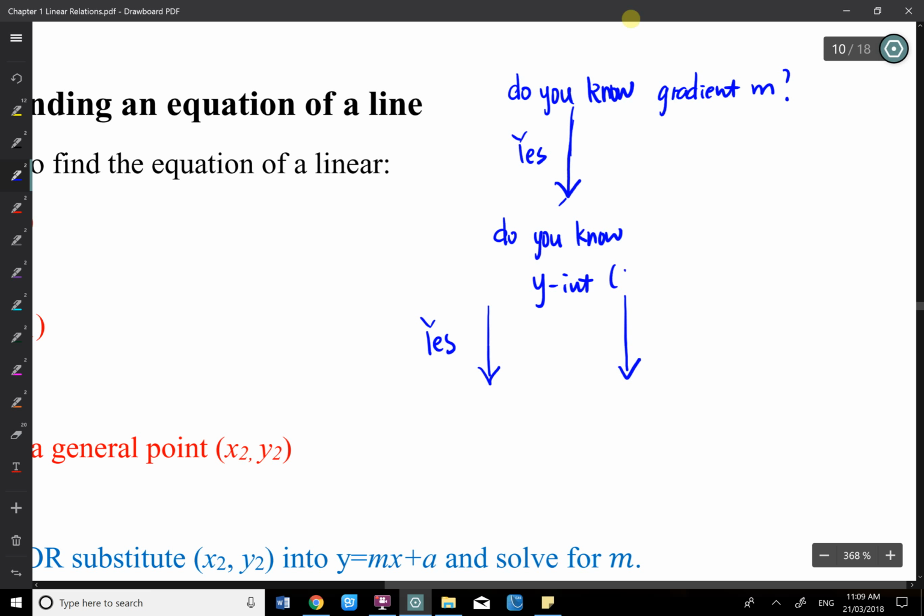Do you know the y-intercept c? We have yes and no as well. And then we have no for this side.